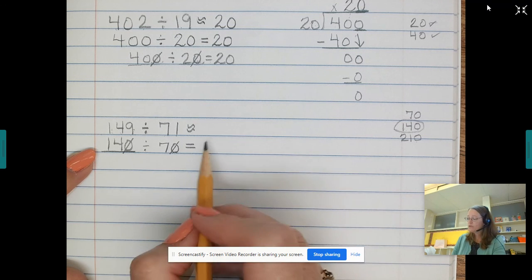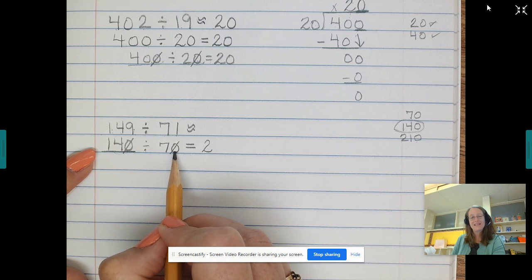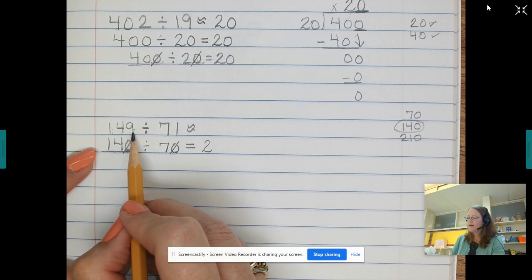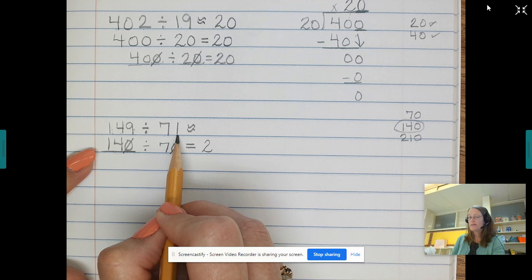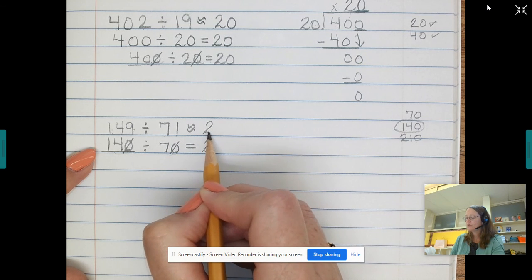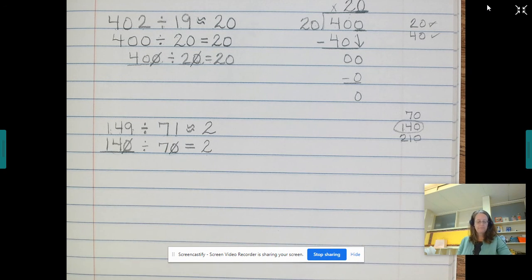And that equals 2. So 140 divided by 70 also equals 2. 149 divided by 71 is about 2.